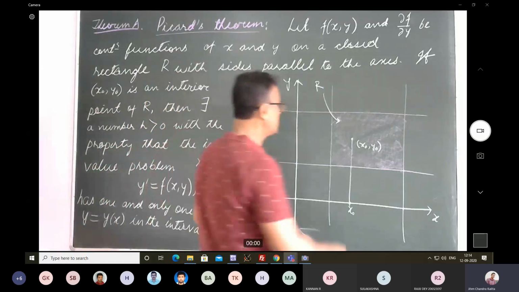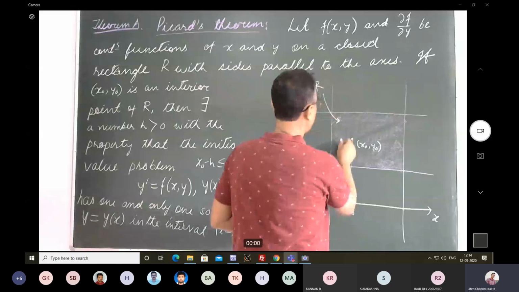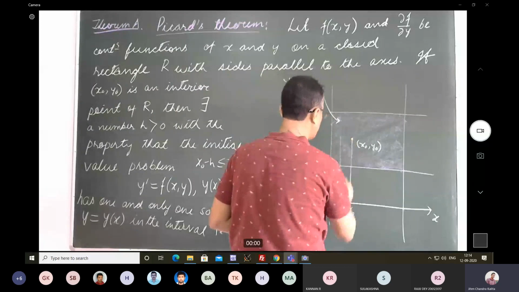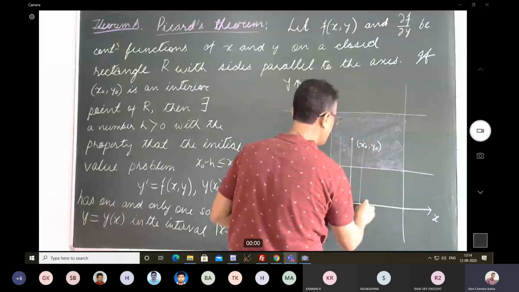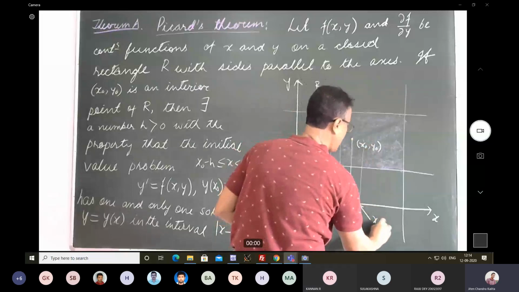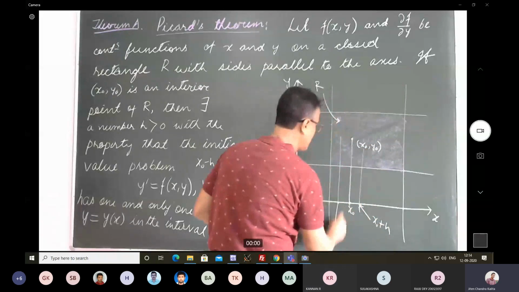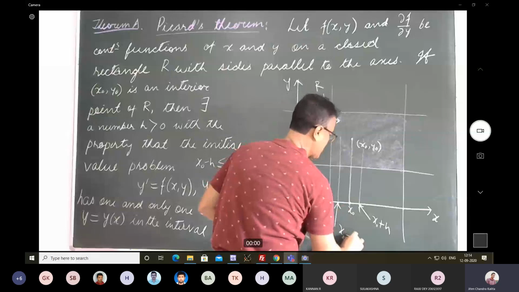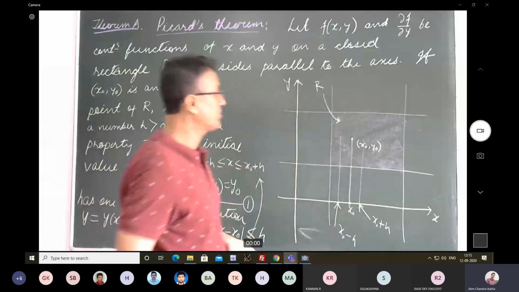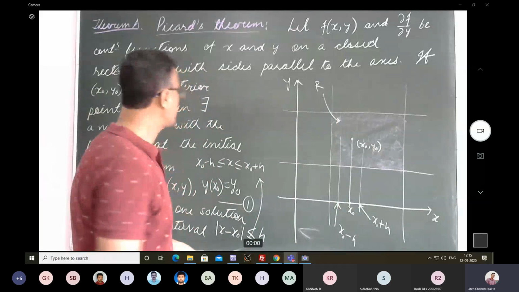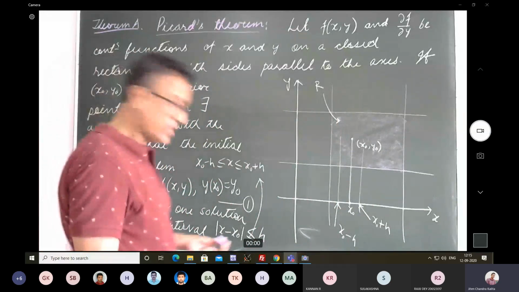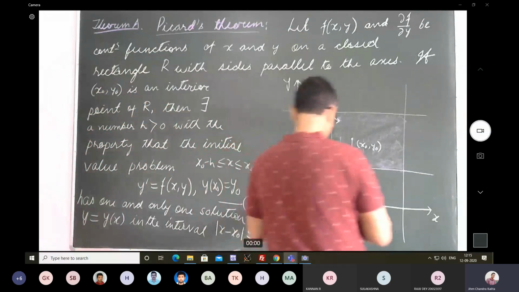boundary point. So suppose I am thinking about something like this. So this is x naught plus h. This is x naught minus h. Is it okay with everybody? Fine. So this is this equation, and we are trying to find some solution.